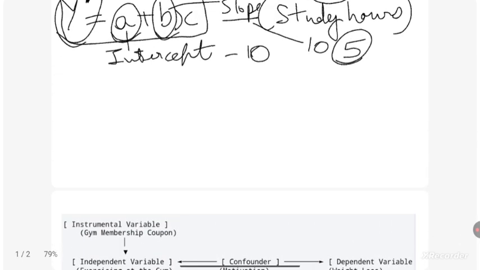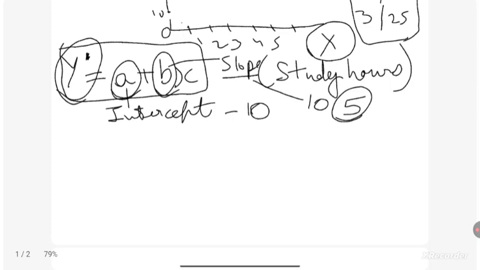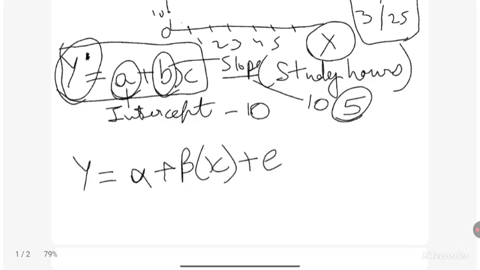Now here you see that the actual value of y would be alpha plus beta into x plus error. This error is the residual.